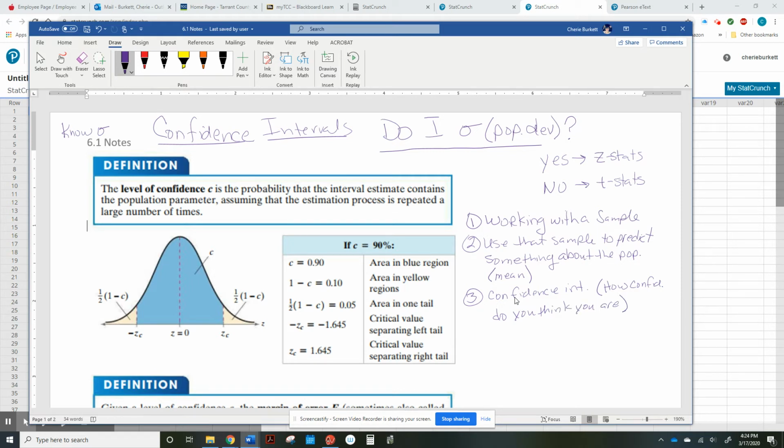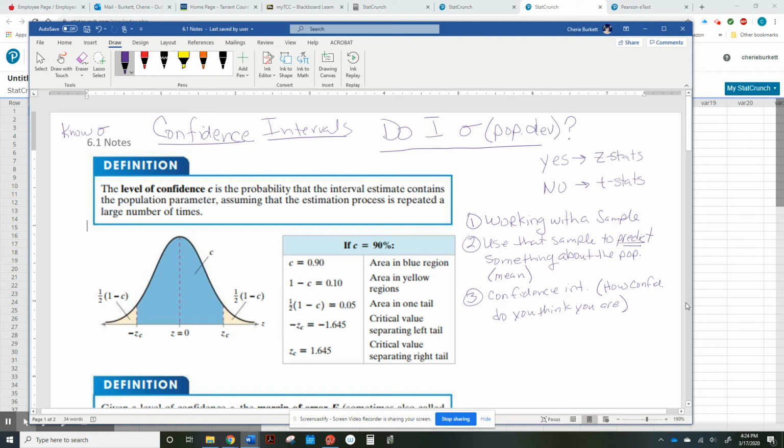Because remember, we're using it to predict something. So your confidence interval is going to be the percentage of your confidence, how right you think you are with this prediction. Okay, so that's the big picture of what's happening.